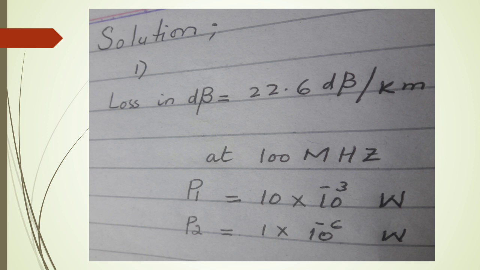So the loss per kilometer of this coaxial cable is 22.6 dB. The input power of the coaxial cable is 10 milliwatt. The output power of the coaxial cable is 1 microwatt.